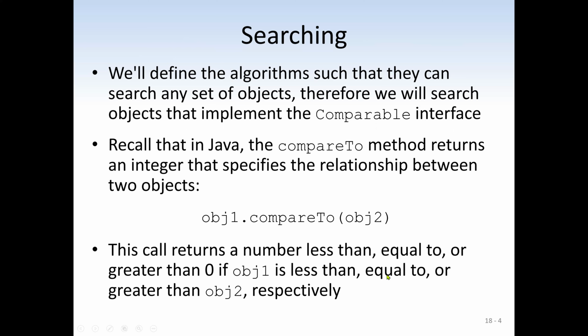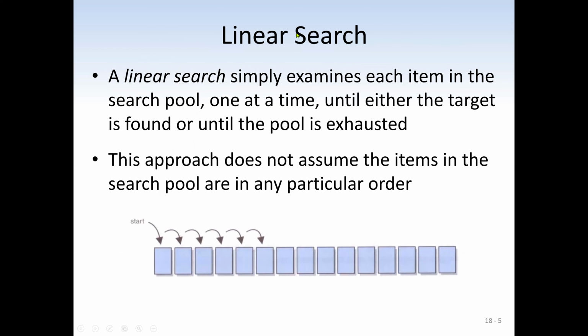If object 1 is greater than object 2, it returns a value greater than 0. If object 1 is the same as object 2, it returns 0. So those are the two main things we are going to use in our coding using Java: the Comparable interface and also the compareTo method. So first we start with the linear search.